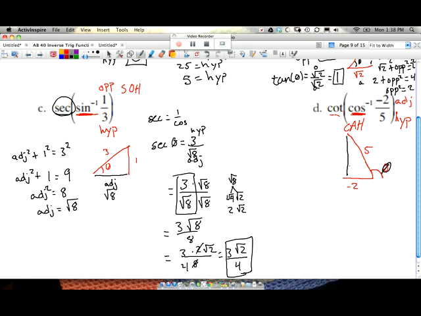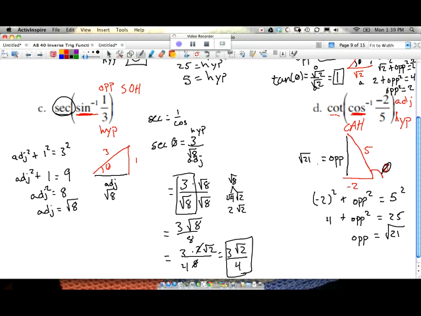Well, we know that negative 2 squared plus this opposite side, it's the only side we're not using, squared, equals 5 squared. Okay, so do some algebra here. We got 4, 25, opposite squared. And then we get opposite. It's going to be square root of 21. Okay, so square root of 21 equals opposite.